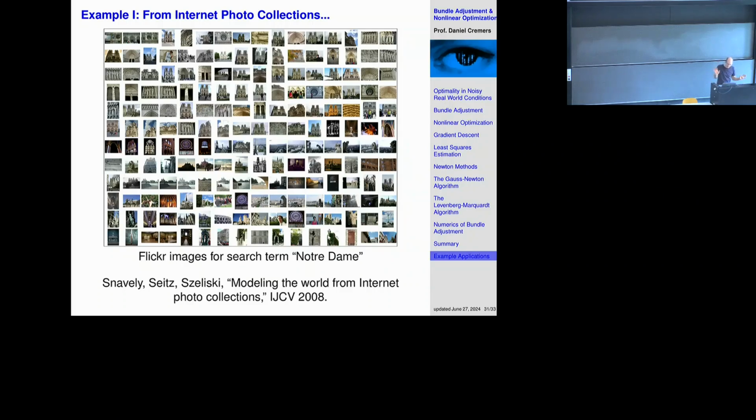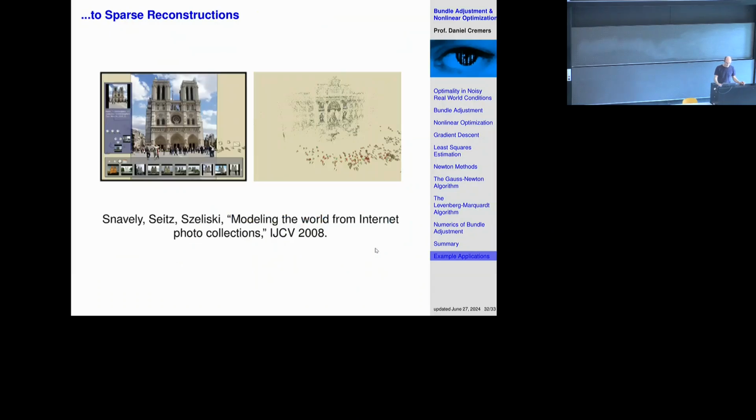So you see there's all sorts of images that come up that have very little to do with what you need, but there is enough that you can make work. And then they showed that indeed just typing the search term, the algorithm can prune out, get enough images in order to recover this kind of reconstruction of the facade of, oh, I think this doesn't match. This looks like the Trevi Fountain to me.